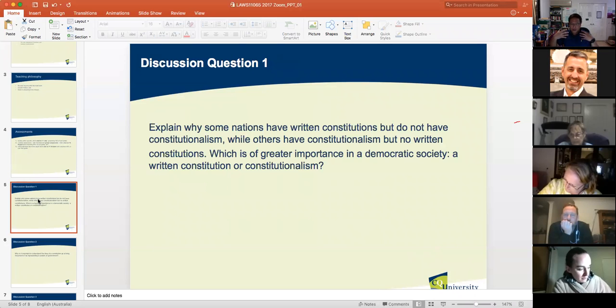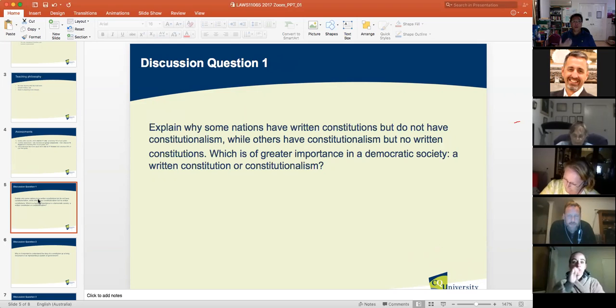So in other words, constitutionalism is an overarching principle that presupposes that powers should not be concentrated in the hands of a single person or a single organ of the state, and that everyone must abide by the rule of law.